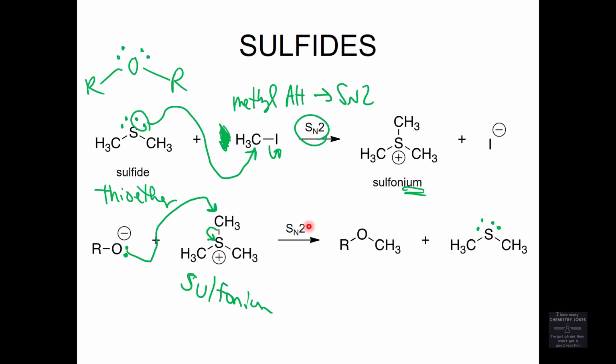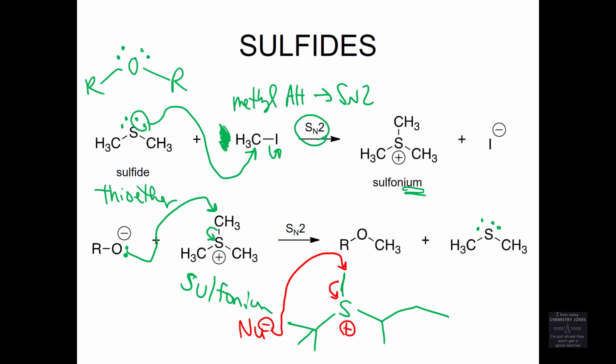Since this is an SN2 reaction, if these three groups were different, I would need to attack the least crowded substrate. So if I had something like a sulfur with these groups on there, the nucleophile needs to attack the least crowded one to let go of the sulfur, and the nucleophile escapes with the least crowded thing connected to it, while the sulfur keeps the bulky stuff connected to it.